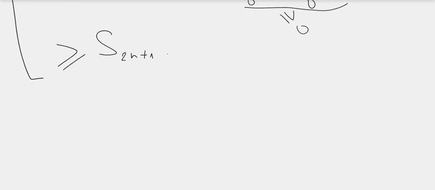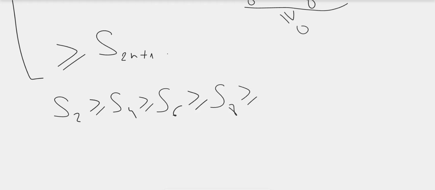So basically we write that S2 is greater or equal than S4, greater or equal than S6, greater or equal than S8, greater or equal than S10, and so on, S2n, and so on. So we have decreasing partial sums with even indices, and with odd indices we have the opposite.